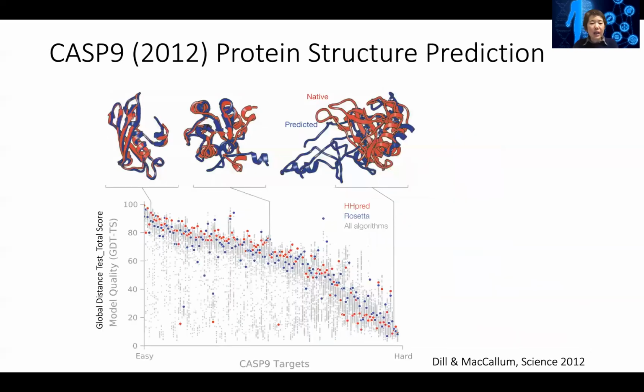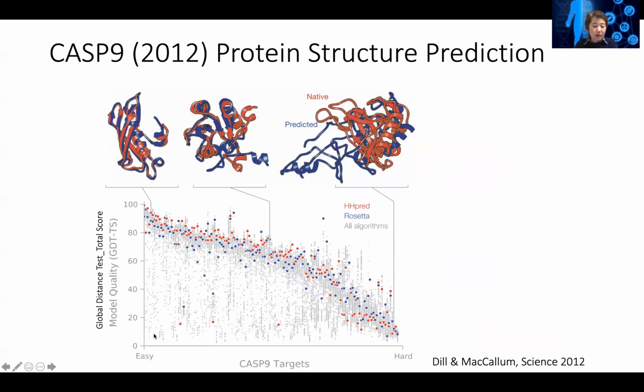And so continuing on the protein structure prediction, we can see this is CASP9 in 2012. So usually after a competition, the experts will evaluate all the predictions and they will write a summary paper to be published.